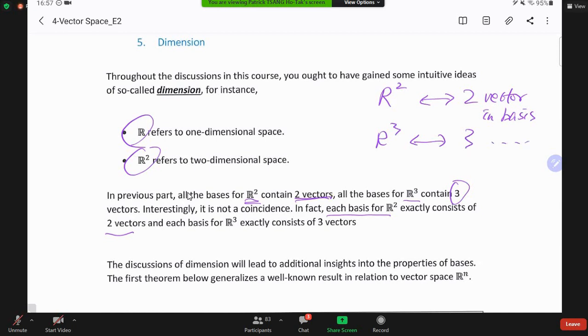I want to write several more examples. Sorry, I forgot to make it nice. When we extend to a general case, n-dimensional, we will have n vectors in the basis.